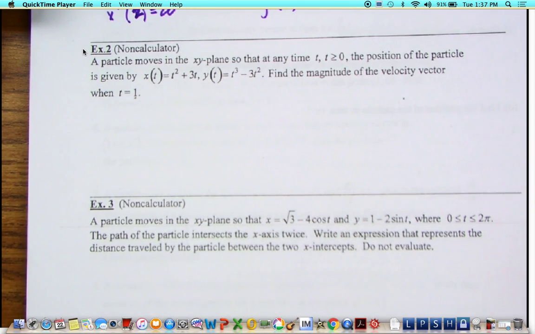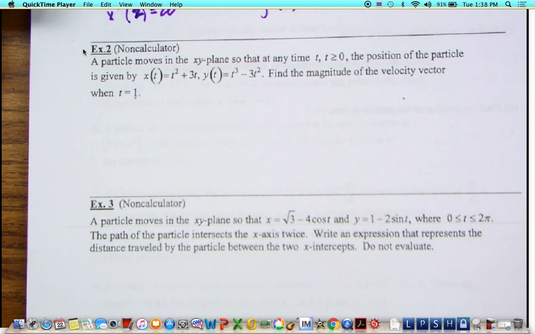All right, example 2. A particle moves in the xy plane so that at any time t greater than or equal to 0, the position of the particle is given by x of t and y of t. Find the magnitude of the velocity vector when t is equal to 1. I want the magnitude of the velocity vector when t is equal to 1.